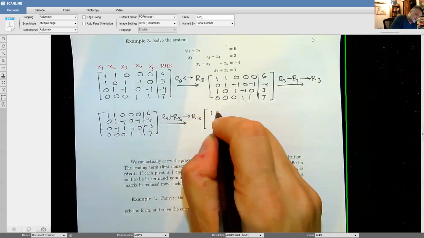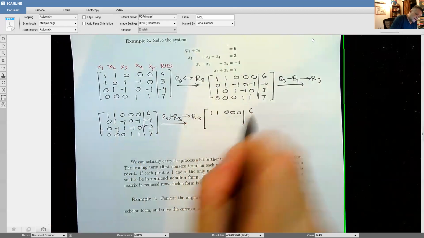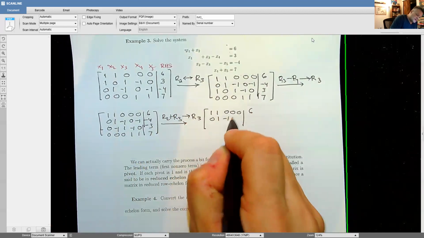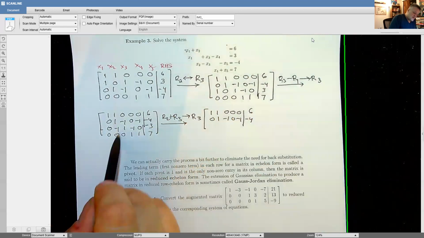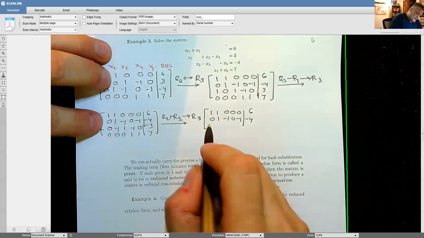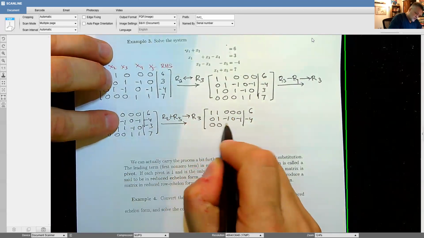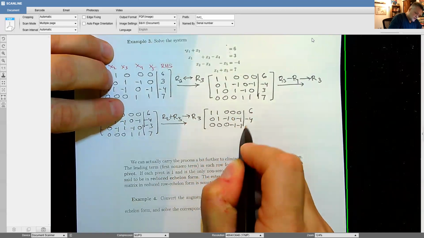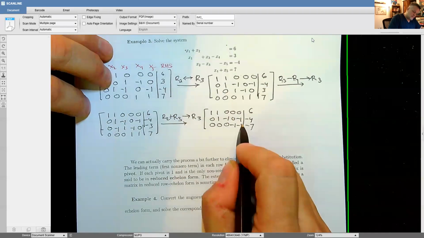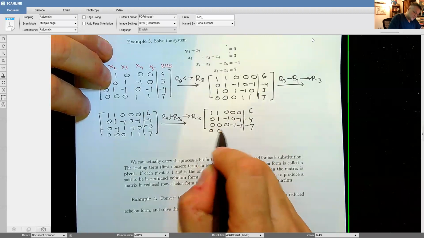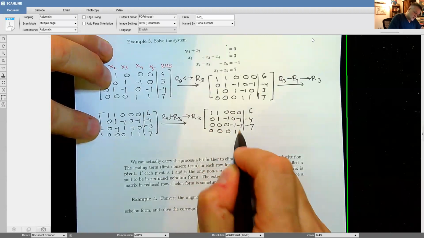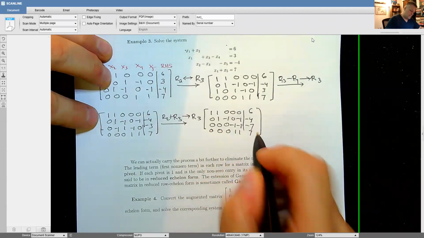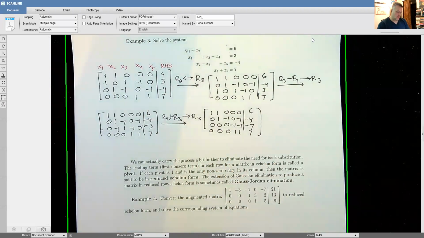Okay, so I'm going to keep the first row. I'm going to keep the second row because it's fine. If I add R2 and R3, I get 0, 0, 0, negative 1, negative 1, negative 7. And then the last row, 0, 0, 0, 1, 1, 7. Okay.